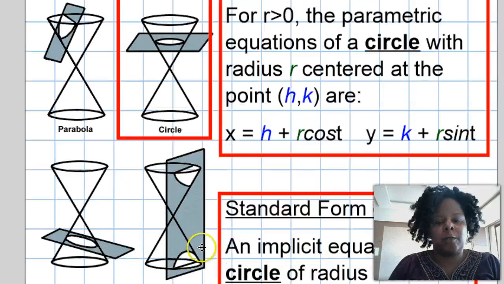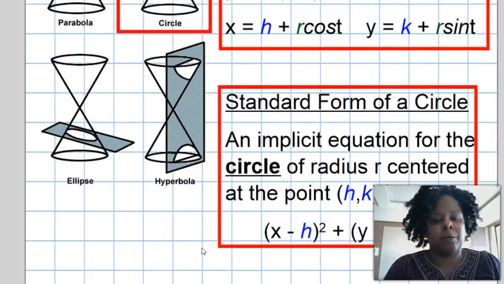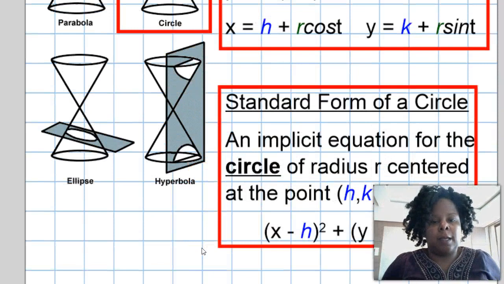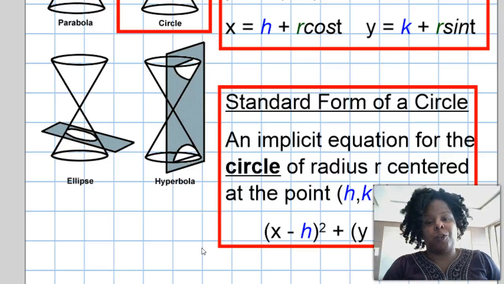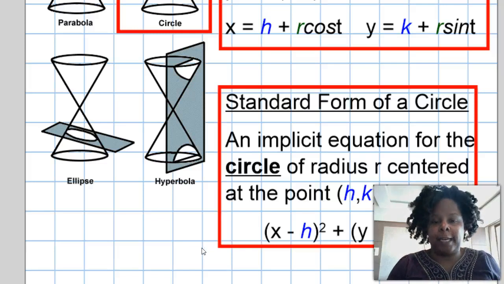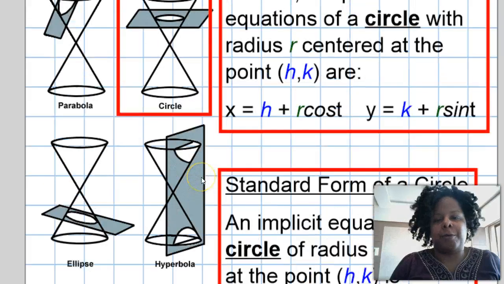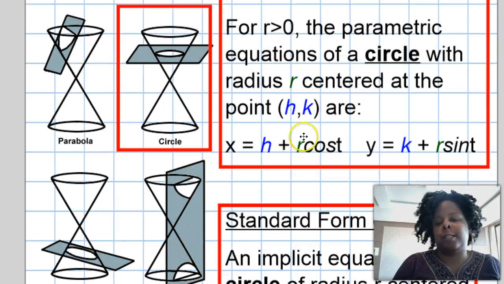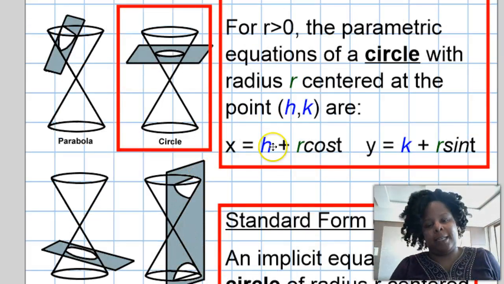And in terms of equations, you're going to have to be able to represent the standard form of a circle, i.e. the implicit form, given the center of the circle and the radius, or you may be asked to represent it in parametric form given the center and the radius.